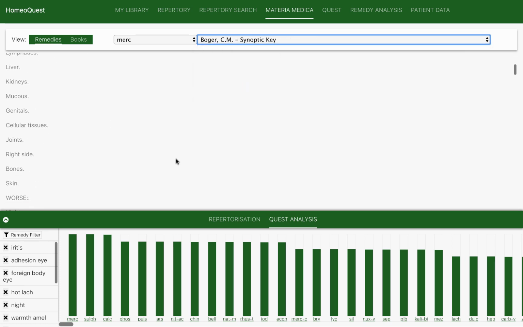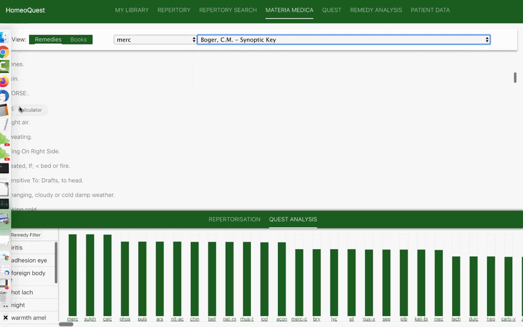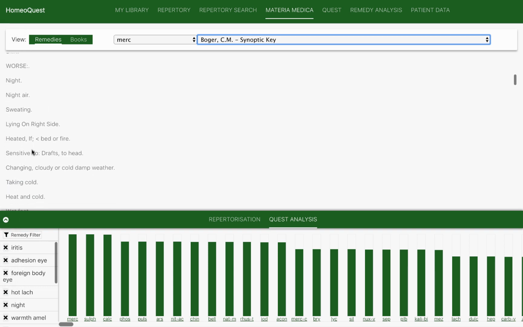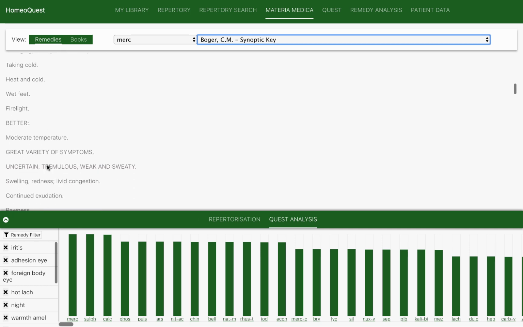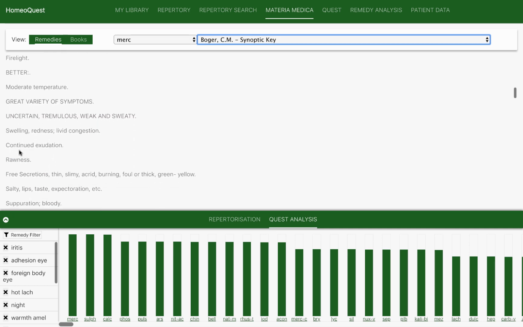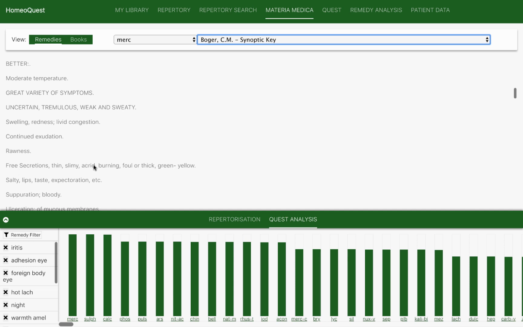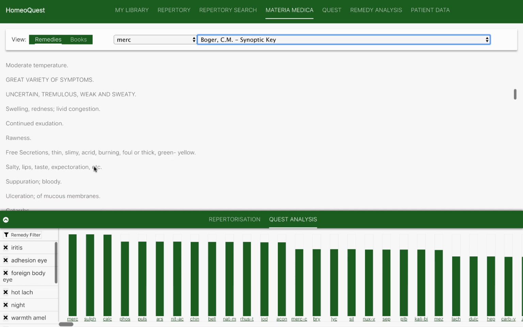Let's see what Boger talks about in the eye symptoms. Or, first let's look at the aggravations. Night air. Merc is great for aggravation at night. It's the best antisyphilitic remedy ever. And then look at that. Continued exudation, swelling, redness, and congestion. Acrid, slimy discharges.